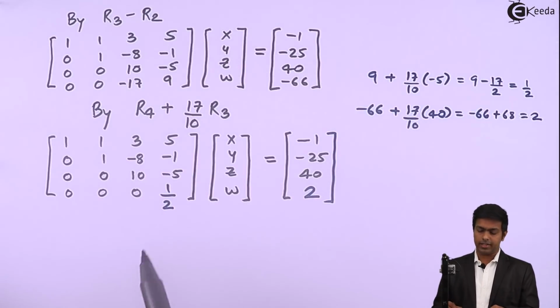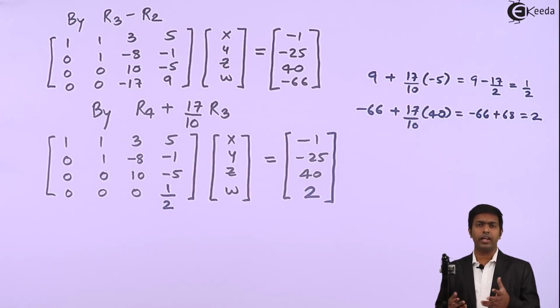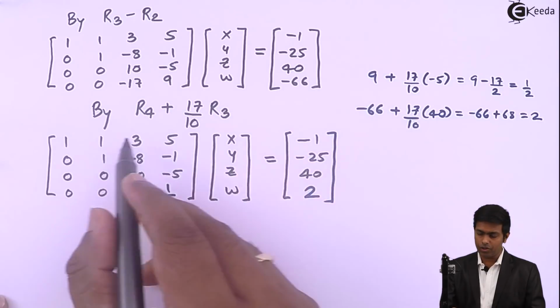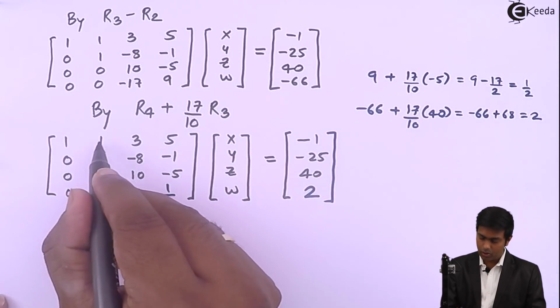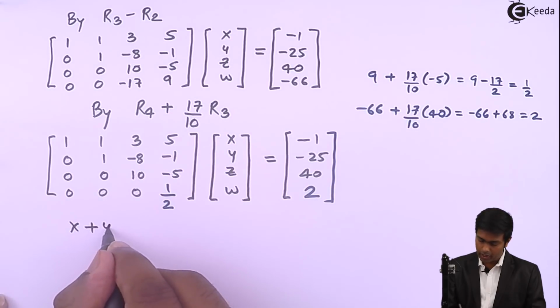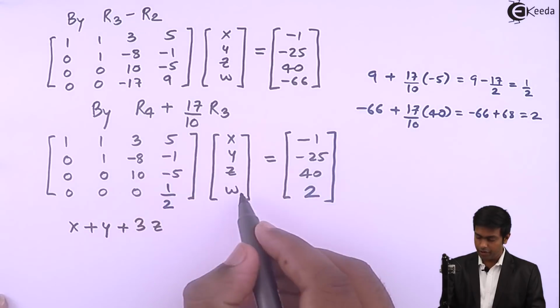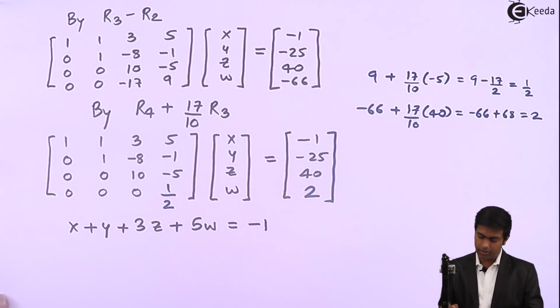Now let's convert this upper triangular matrix or this form Ax equal to b into equations to get the final answer. So from first row we will get the equation as 1 into x, that is x, 1 into y, that is plus y, 3 into z, that is plus 3z, 5 into w, that is plus 5w, is equal to minus 1.